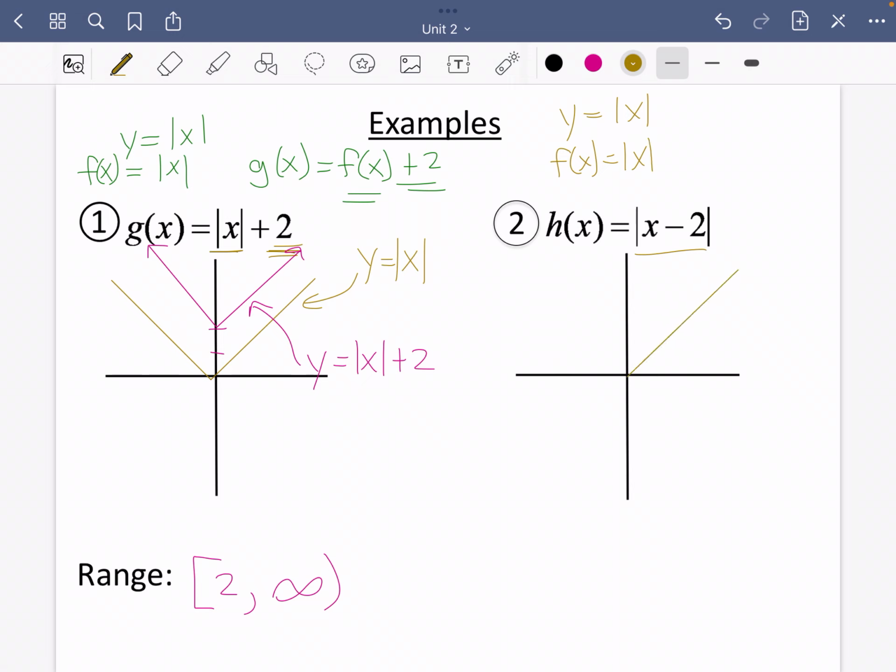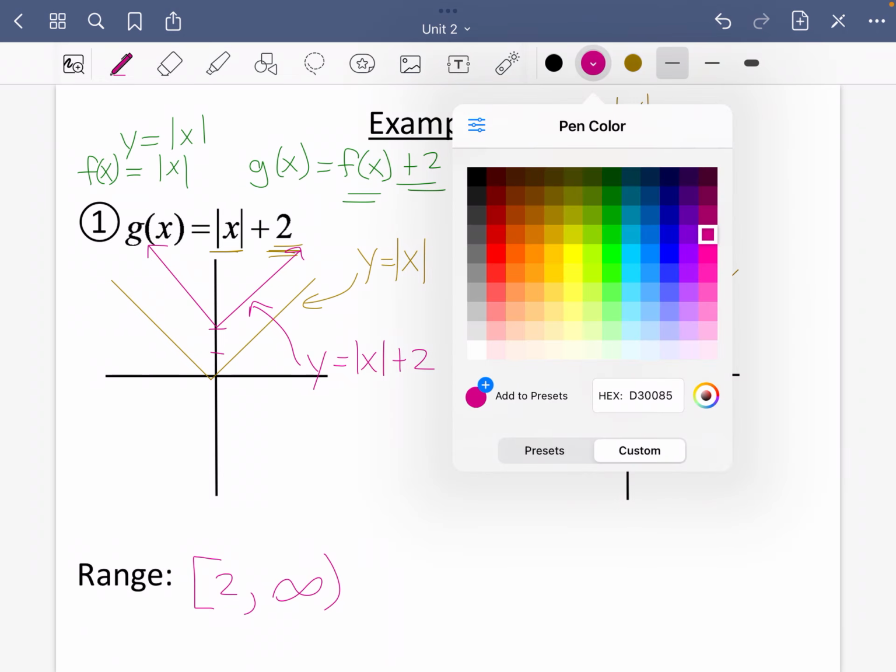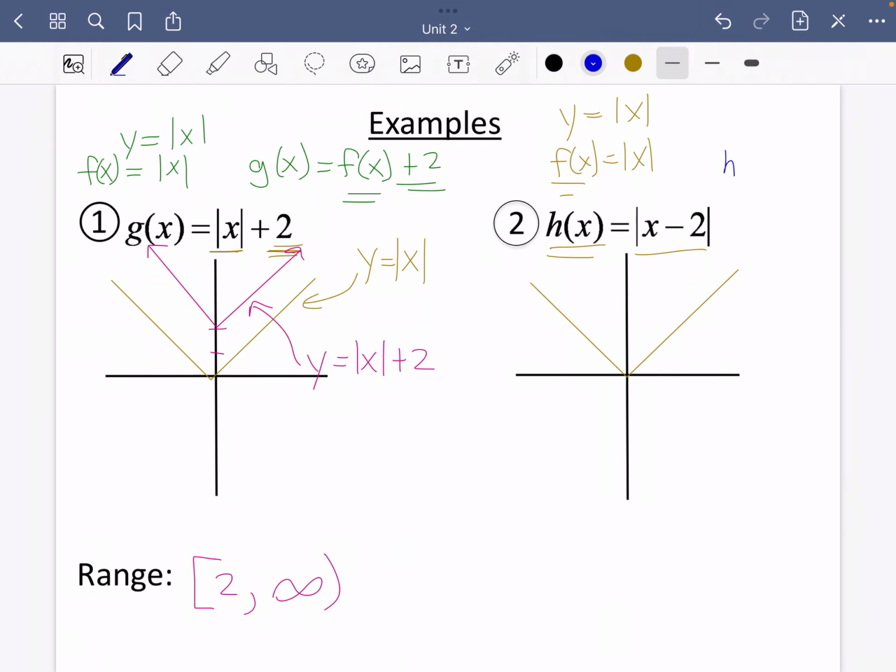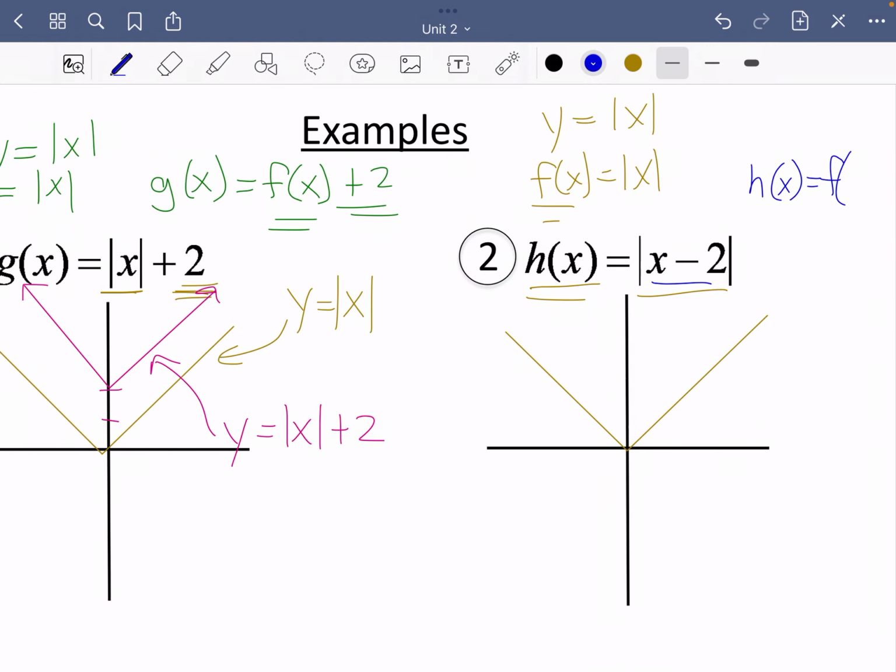It's just that V. So how does h of x relate to f of x? Well, we are replacing the value of x here with x minus 2. So it's f of x minus 2.